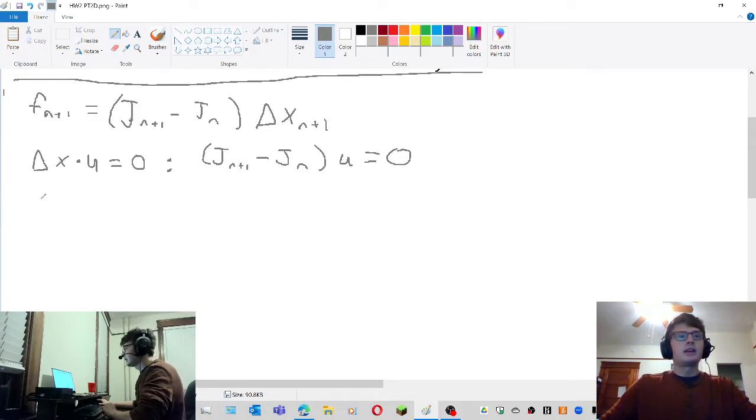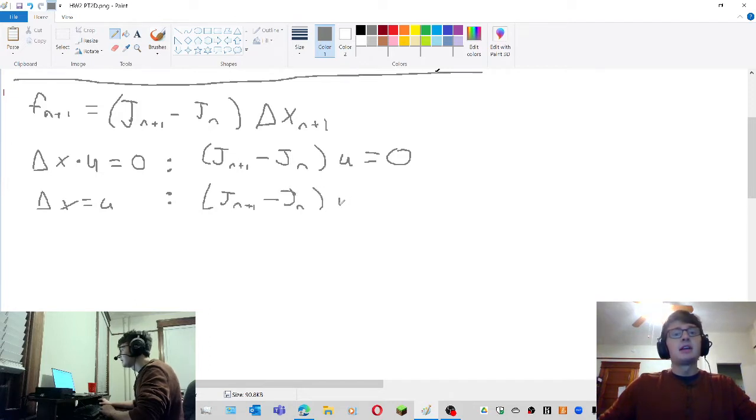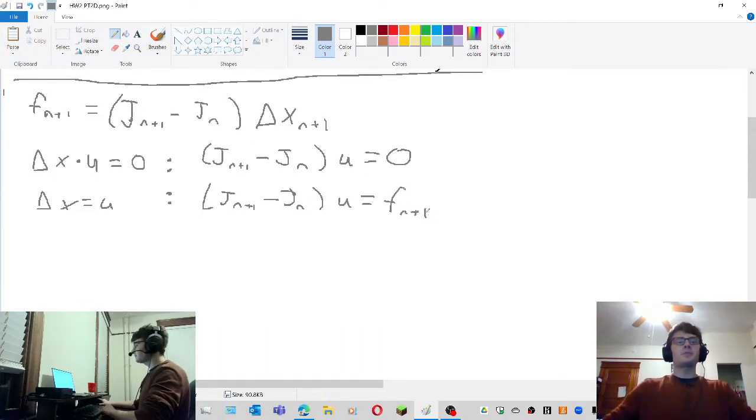Where do I want to go from here? Well, I could go ahead and maybe say that when I evaluate delta x is equivalent to u, or rather, u is equivalent to delta x, what do I get? Well, I would get that the difference between the Jacobians, so J_{n+1} minus the Jacobian at n times u, well, what would that be? That would just be these values times delta x, and so that would just be what we have up here, f of n+1.